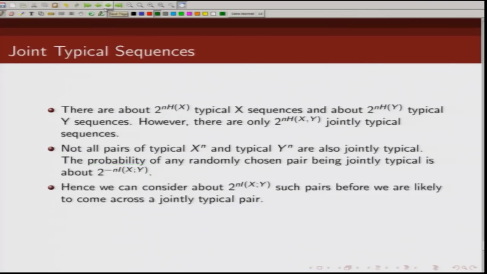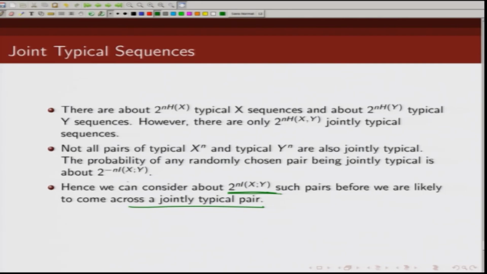Okay. So, in other words, we can consider around 2 raised to the power n times the mutual information of x and y. We are going to encounter that many pairs before we are likely to get one jointly typical pair.